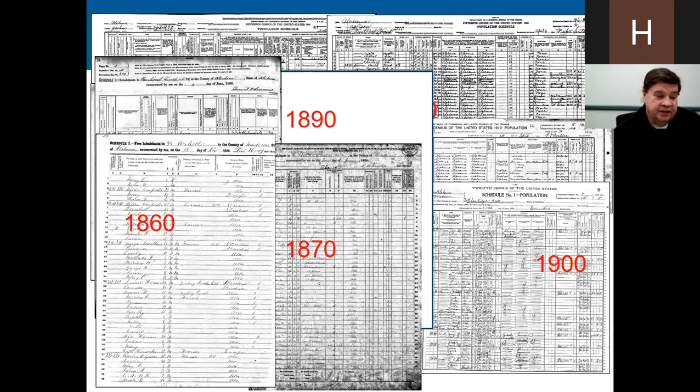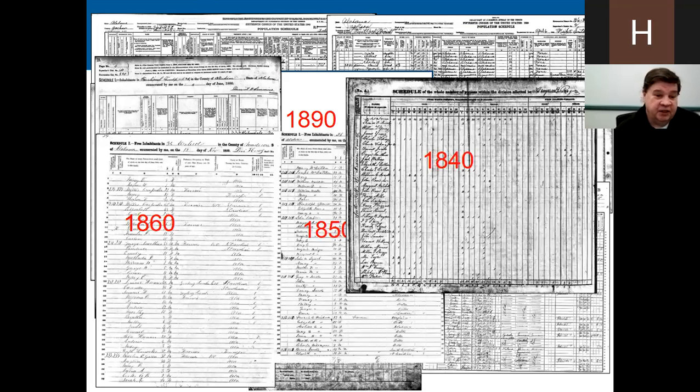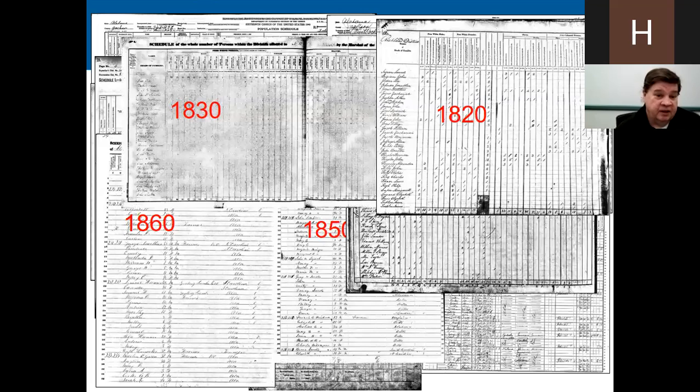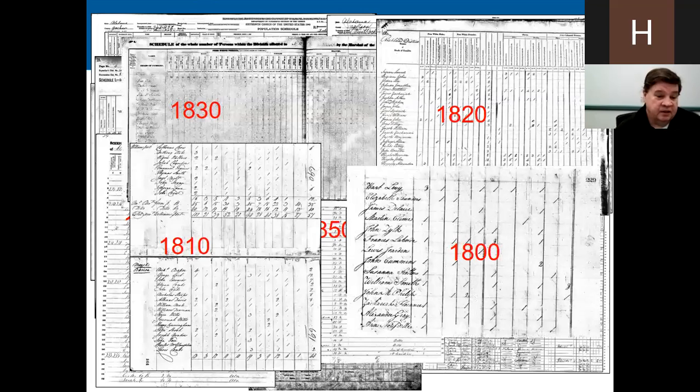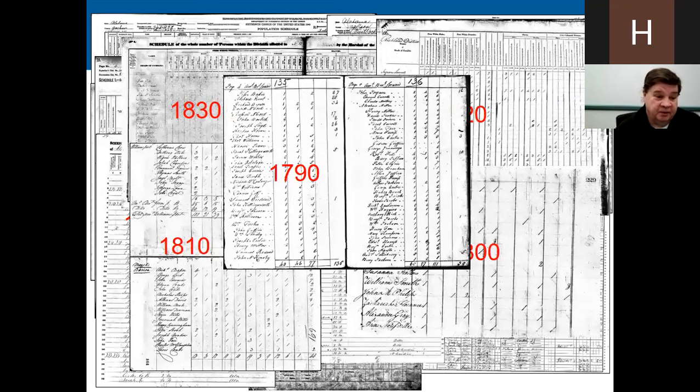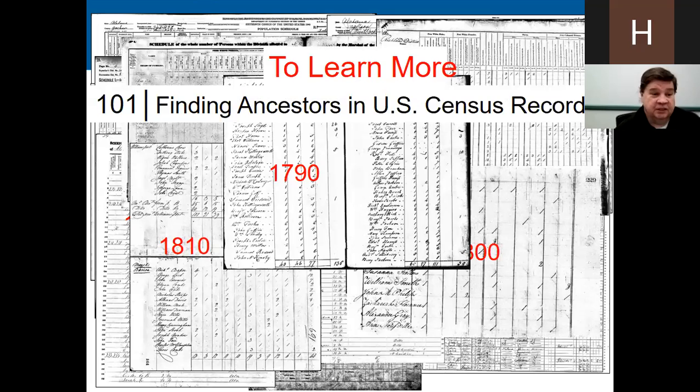Then we can go back to 1860, 1850, 40, 30, 20, 10, 1800, and finally back to 1790. If you have free ancestors, they might well be on any of these. To learn more about the census, we offer a class, Finding Ancestors in U.S. Census Records. We have a version of that loaded on our webpage and on our YouTube channel, so you can check that out.